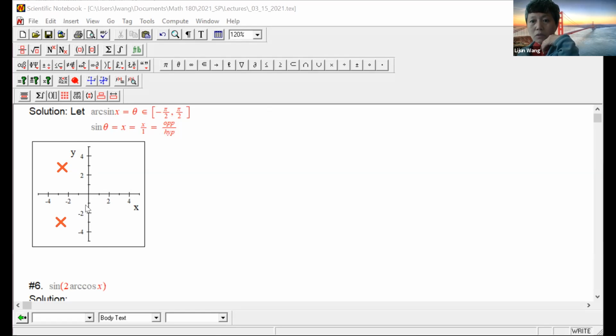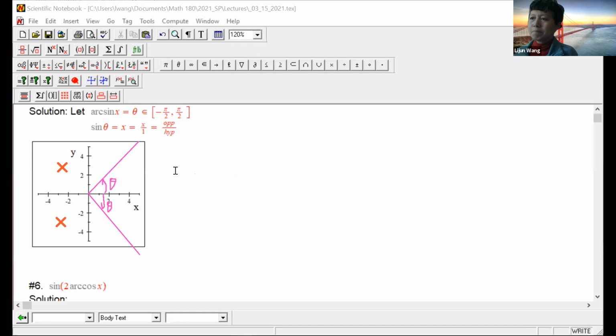We did this when we did the arc sine, right? So your terminal will be where? Either here or there. So this could be your theta, or this could be your theta. Either one. We don't know which one, right?